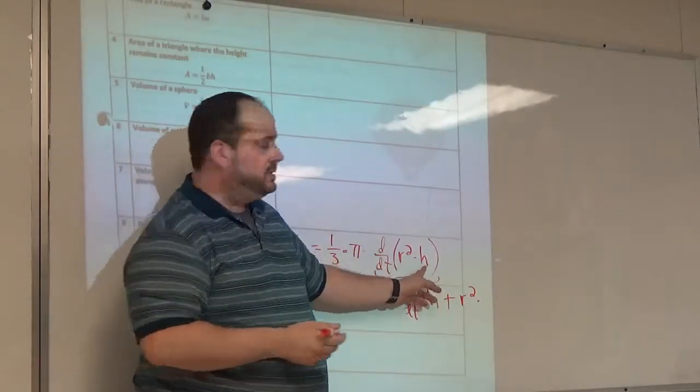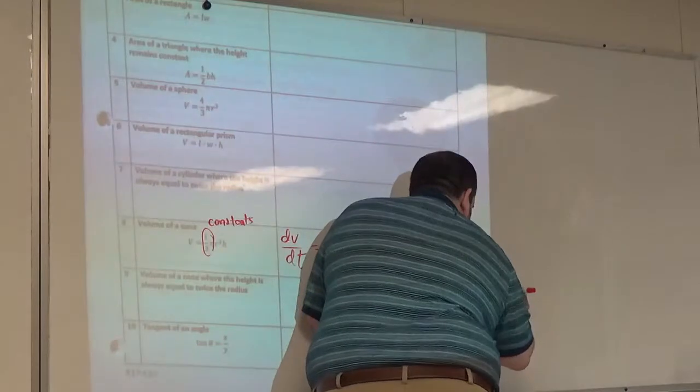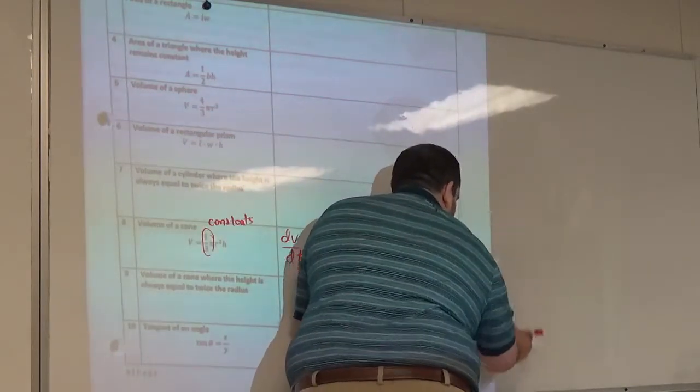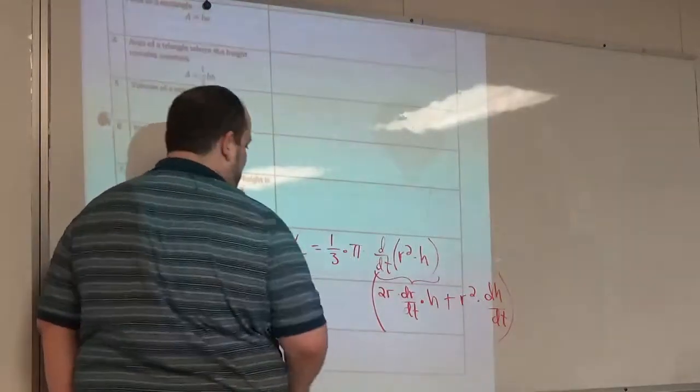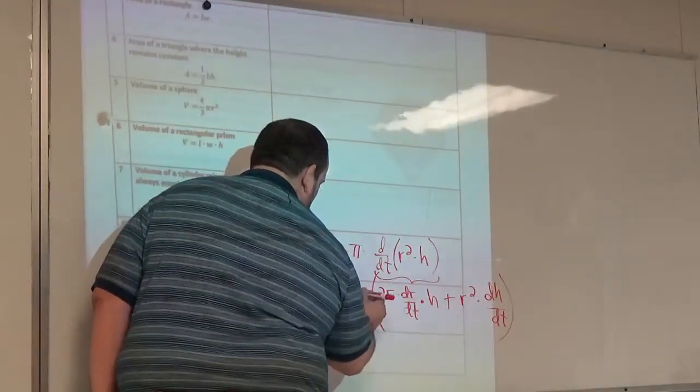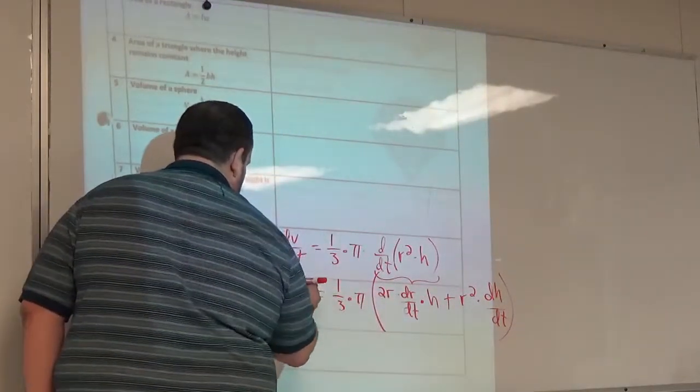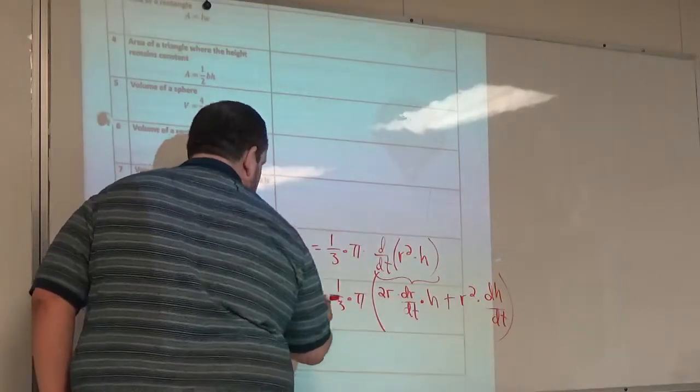And the derivative of the second is dh over dt. All that stuff represents the derivative of r squared h. So I'm going to leave the 1/3 and the pi there, and that's what this dV dt is.